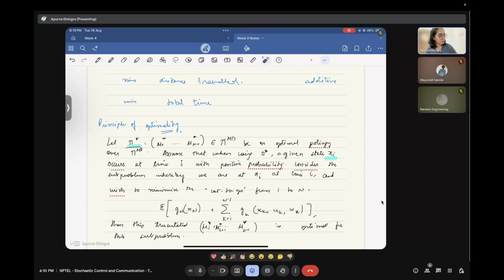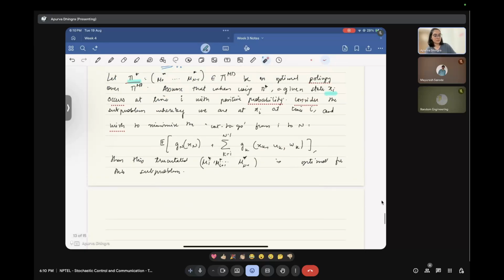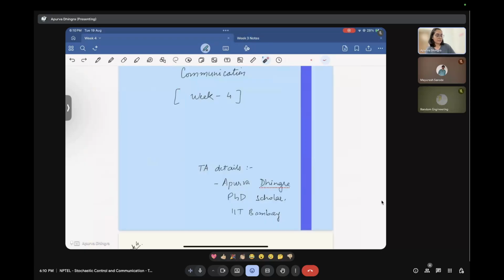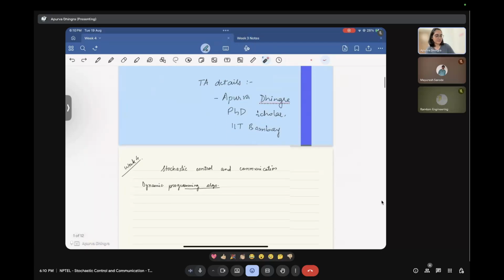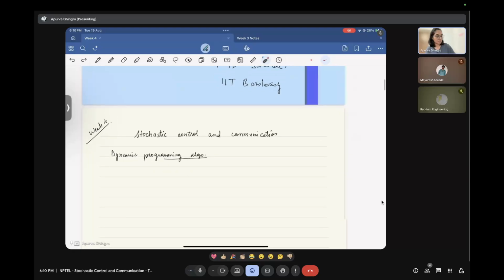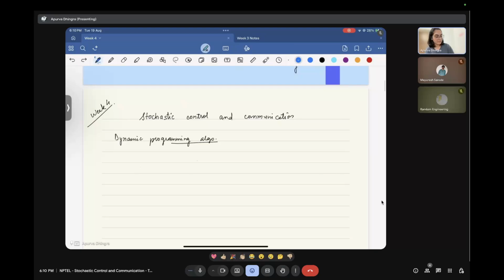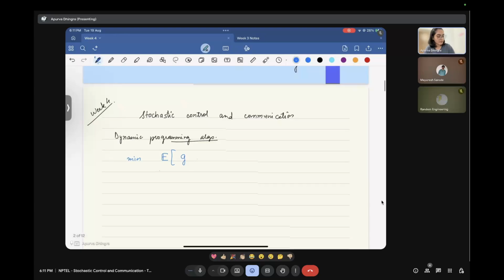So now let's go to the method which actually uses the principle of optimality, called dynamic programming, and that's the main thing today. Recall, the thing we're trying to minimize in the language of stochastic control is the expectation over some randomness.